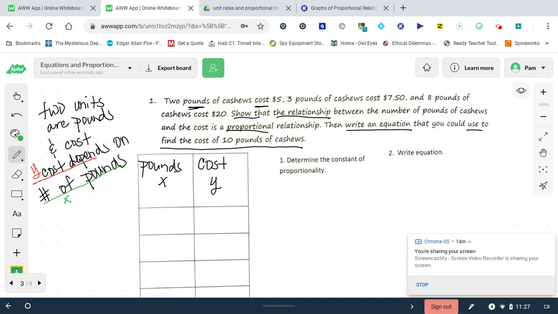So 2 pounds costs what? 2 pounds costs $5. I'm going to do 2 and 5 in one row. Then we see that 3 pounds, let me do that in a different color, 3 pounds costs $7.50.